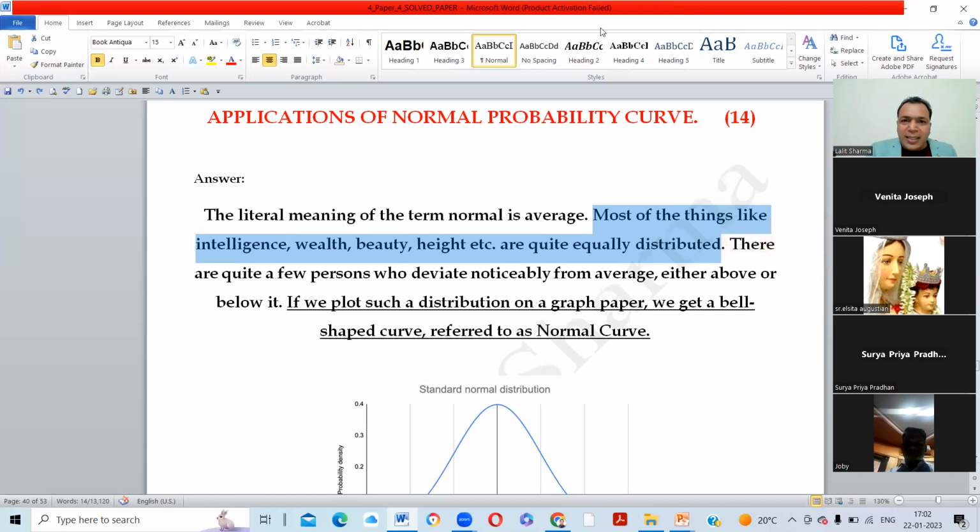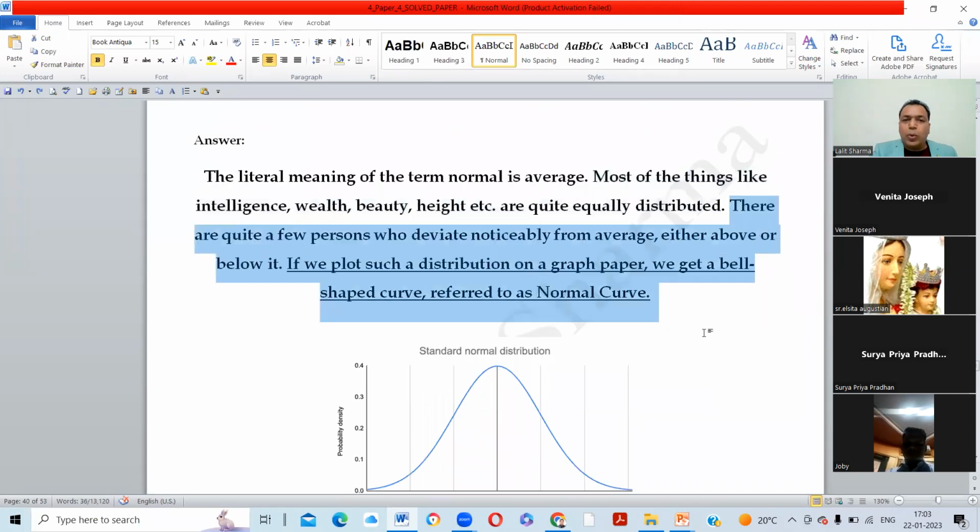Even, guys, when the teacher takes a test in the class of 50 students, mostly 80-90% of the scores taken by the 50 students are average scores, right? So there are quite a few persons who deviate noticeably from average, either above or below.